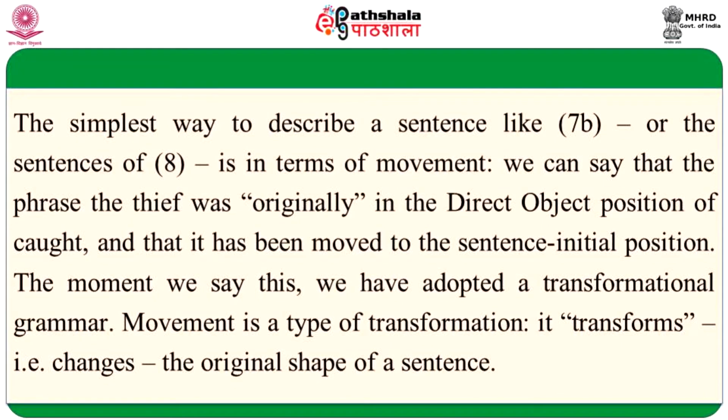So, I believe that they have caught the thief. Now the thief has been moved to the sentence initial position. The moment we say this, we have adopted a transformational grammar. Movement is a type of transformation. It transforms, that is, changes the original shape of a sentence.